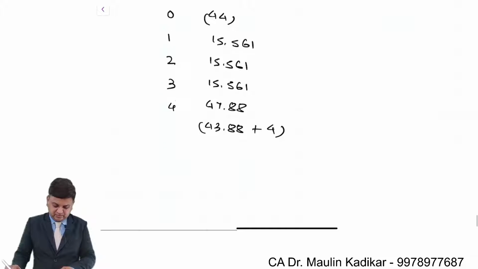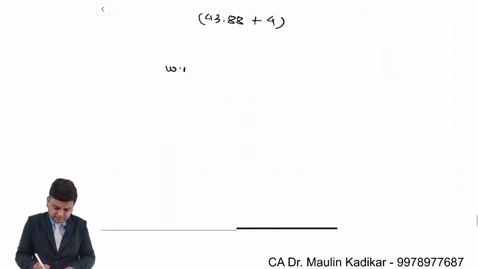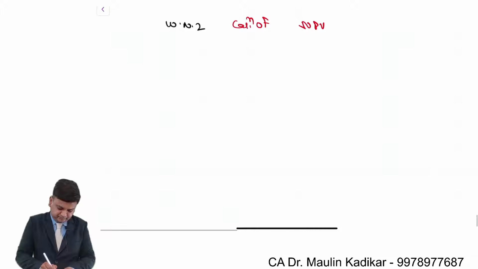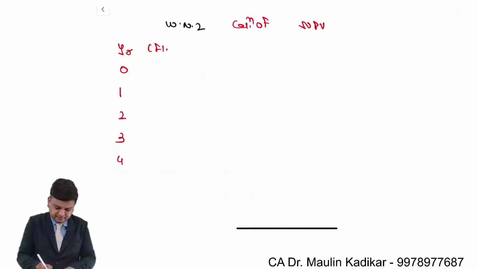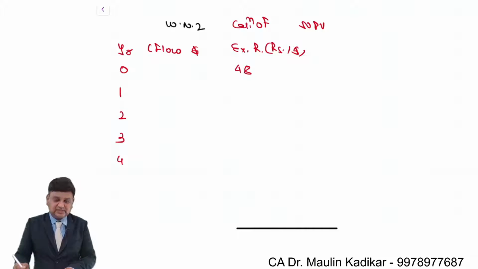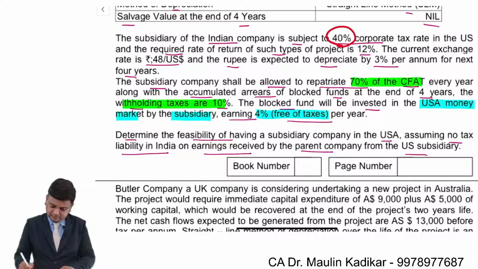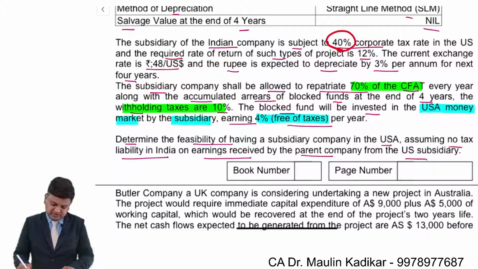Okay. Now, working note number 2, calculation of NPV. So year 0, year 1, year 2, year 3, year 4. This is the cash flow in dollar currency. Then exchange rate, rupees per dollar. Year 0 exchange rate is 48, which is provided to us.